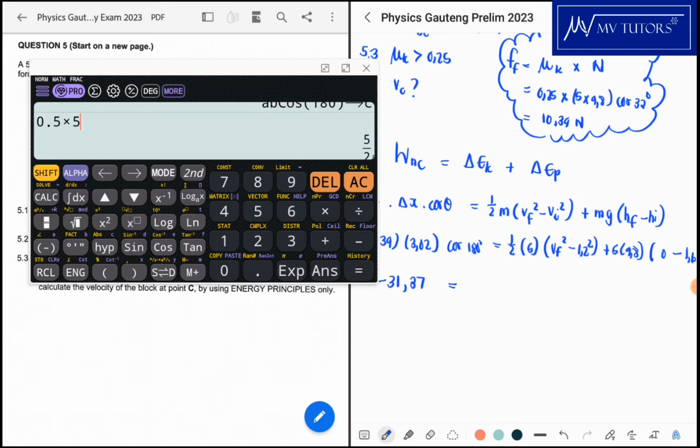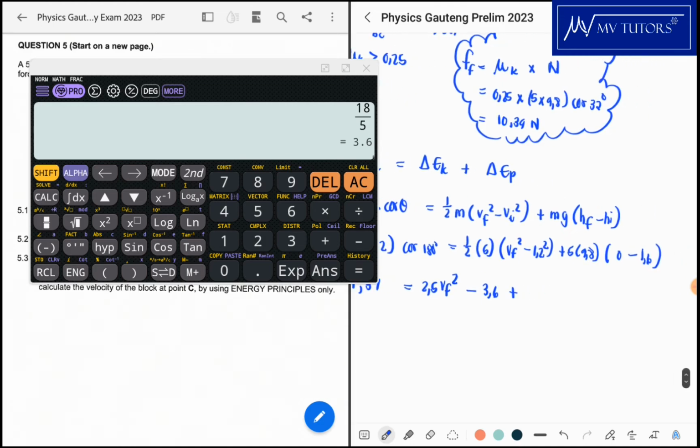So we're going to have what? 2.5 final velocity squared minus, so we're going to have 1.2 squared, so minus 3.6, and then plus 5 times 9.8 times negative 1.6. So that's negative 78.4.